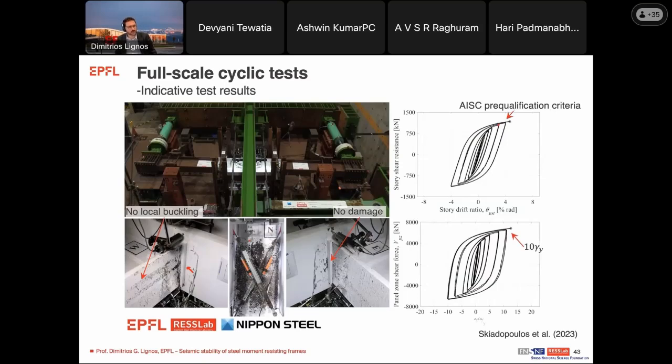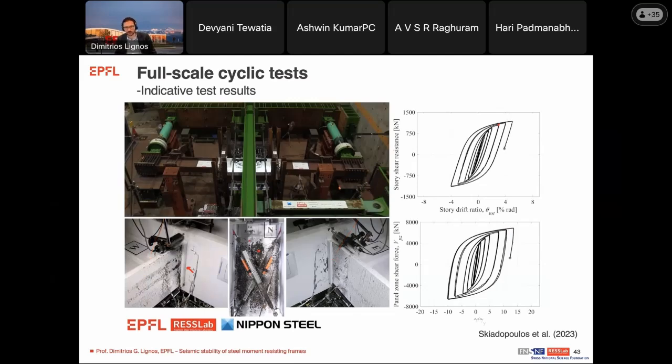And again, you see here no local buckling in the beam. You see no damage near the bevel. And also if you're looking at the panel zone, of course, you see that the panel zone has distorted more, but essentially this is only flaking of the paint because of shear yielding in the panel and nothing else.